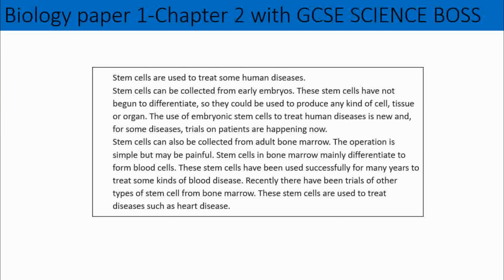Now, stem cells are very, very powerful and can be used to treat lots of human diseases. You collect the stem cells from the early embryo, as we mentioned before, before they have started differentiating. Because of this, they can produce any type of cell, any type of tissue, any type of organ.